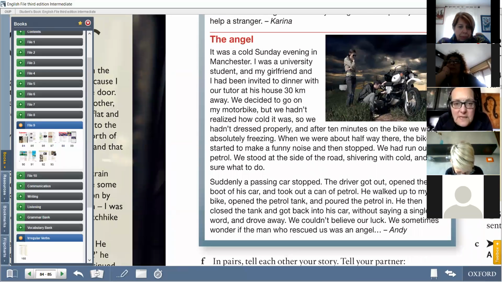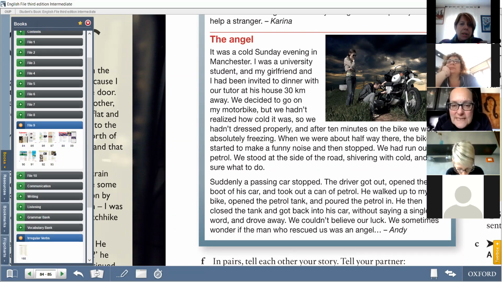The Angel. It was a cold Sunday evening in Manchester. I was a university student and my girlfriend and I had been invited to dinner with our tutor at his house 30 kilometers away.